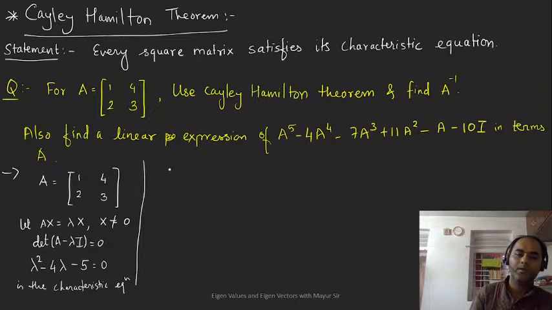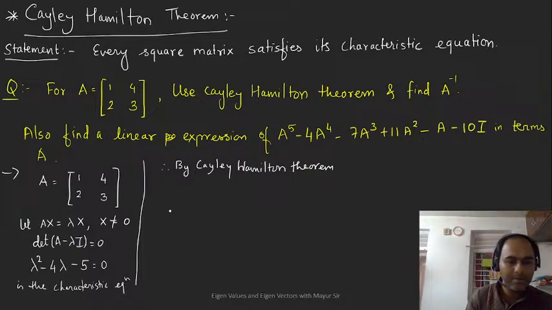Now you write by Cayley Hamilton theorem, what do you get here? What is the characteristic equation? Lambda square minus 4 lambda minus 5.